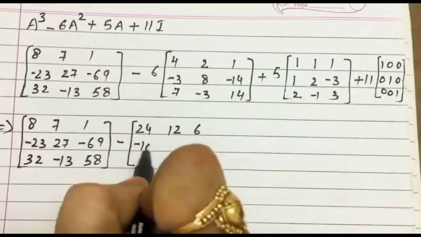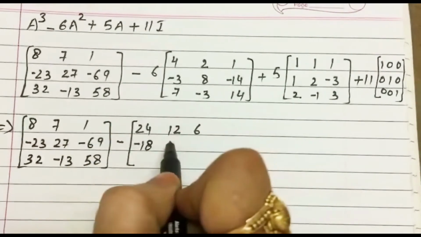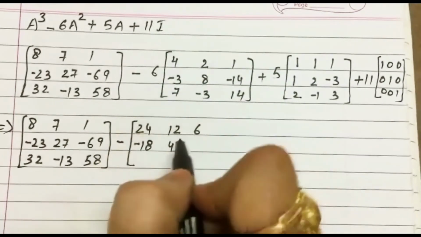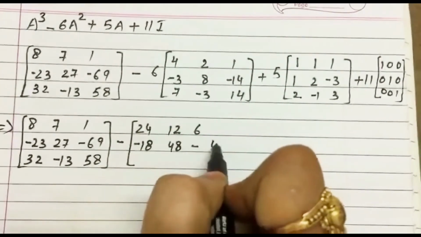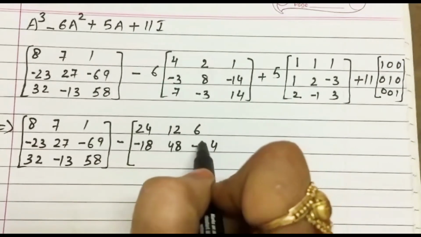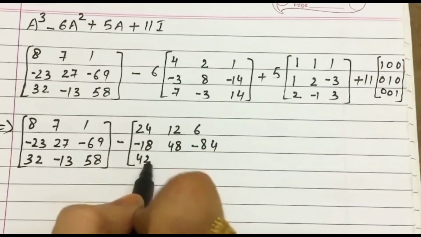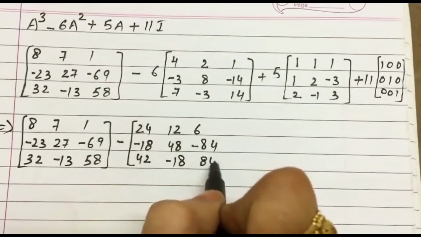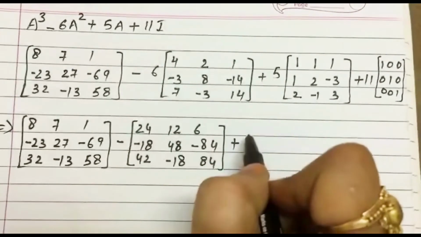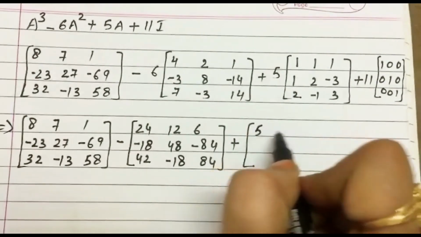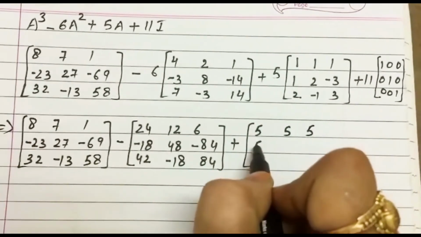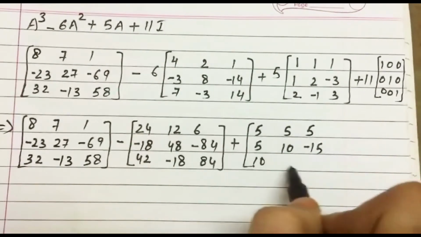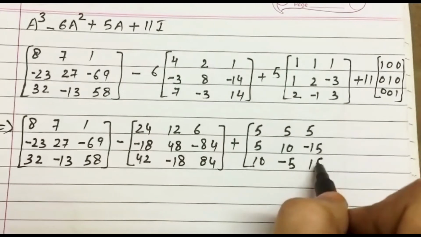It's minus 18 and here 48 and it's minus 42, minus 18 and it's 84, plus multiply with the 5. So 5, 5, 5. Here 5, 10, minus 15 and it's 10, minus 5 and 15.